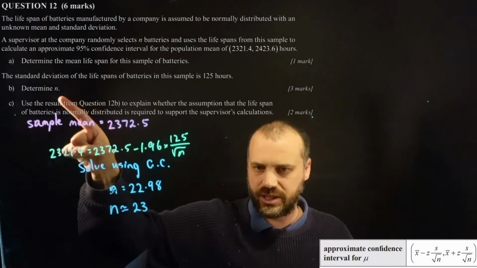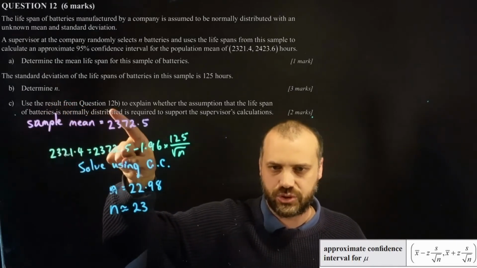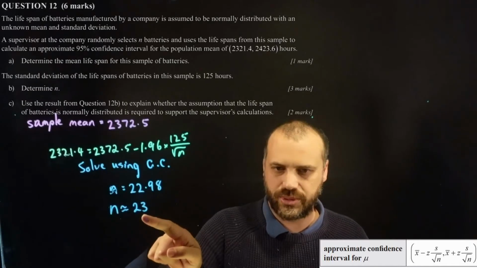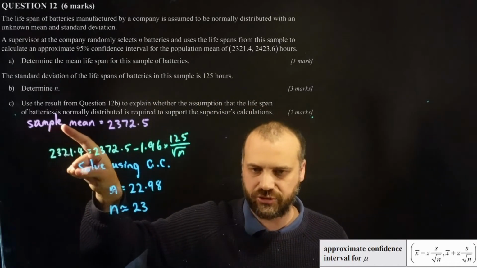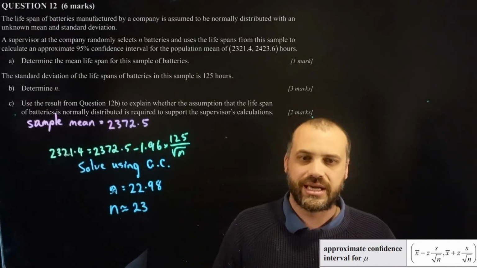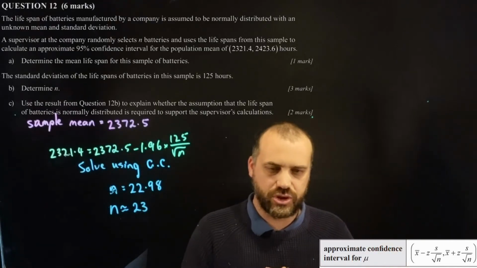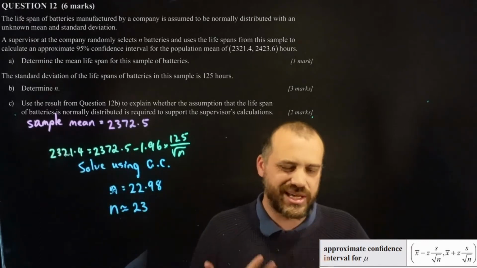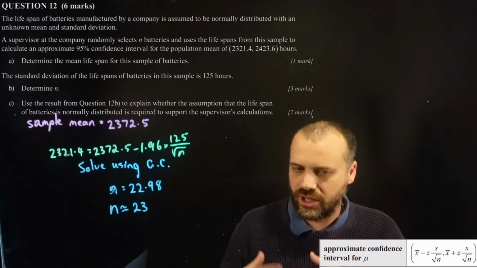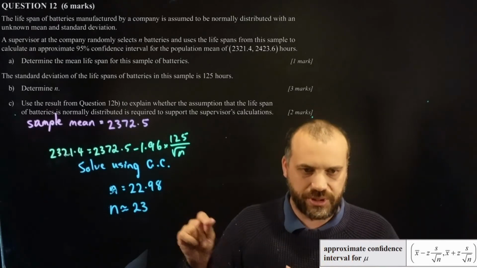Now, the last question here, it says, use the result from question 12b, so n equals 23, to explain whether the assumption that the lifespan of batteries is normally distributed is required to support the supervisor's calculation. All right, so this part C here is testing your theoretical knowledge of the central limit theorem.